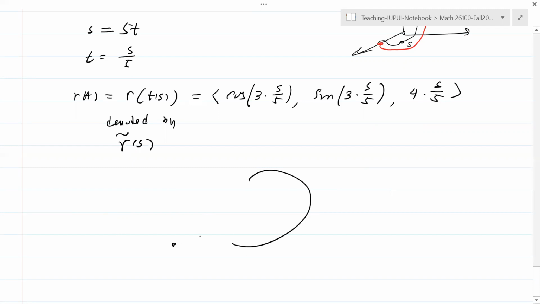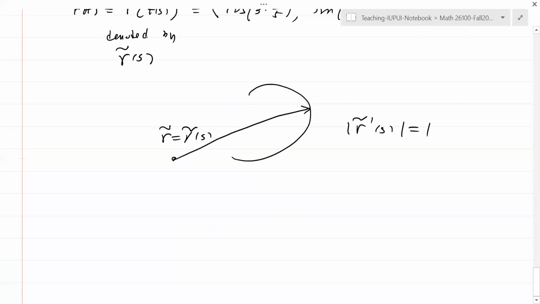We assume that this curve is parameterized with respect to arc length. So R, I'm going to use R tilde of s, and its derivative is always equal to 1. This is a unit vector. So in this case, T is going to be R prime.